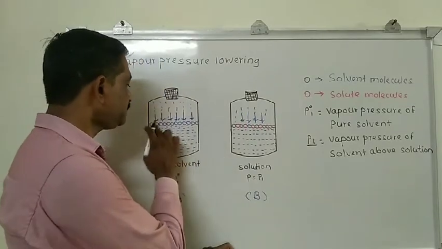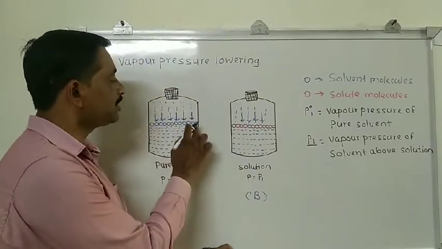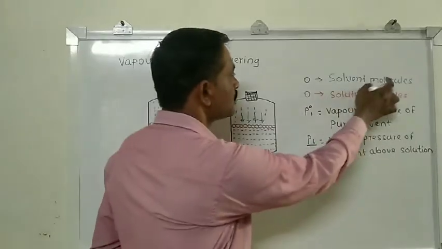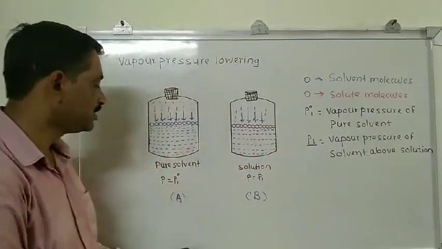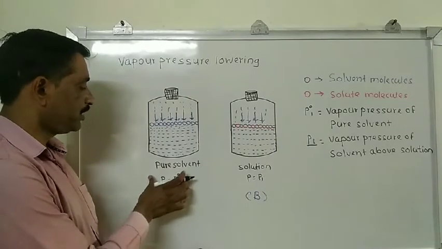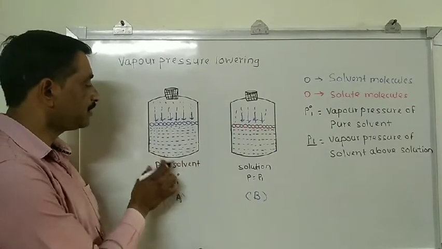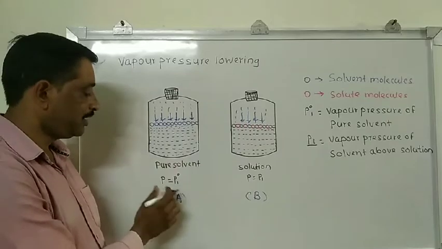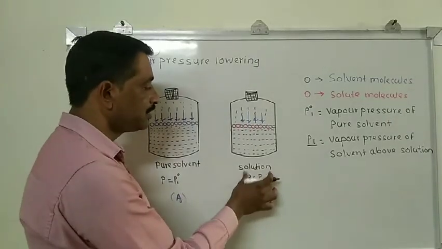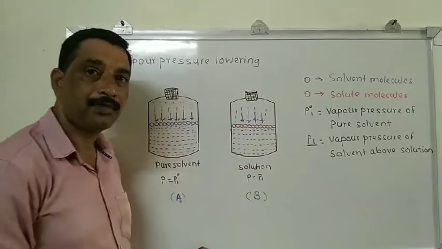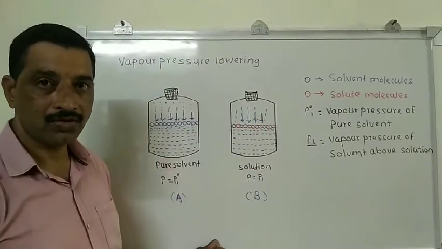Here the blue colored spheres show the solvent molecules, and red colored spheres show the solute molecules. In the solvent container, only solvent molecules are present, and therefore their vapor pressure is higher. But in solution, solvent particles are mixed with the solute particles.